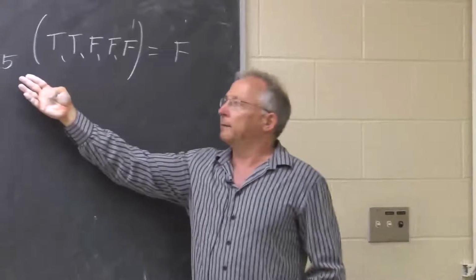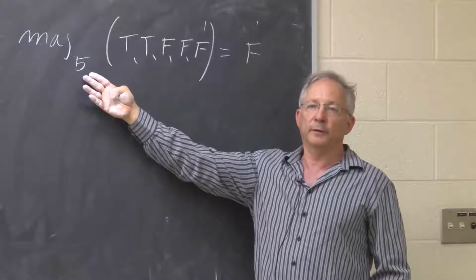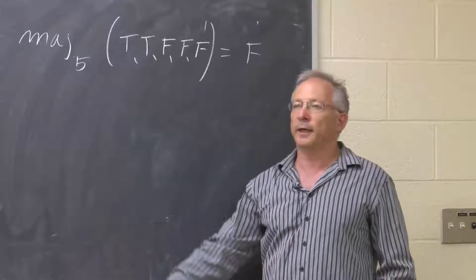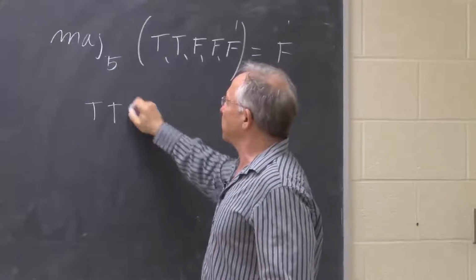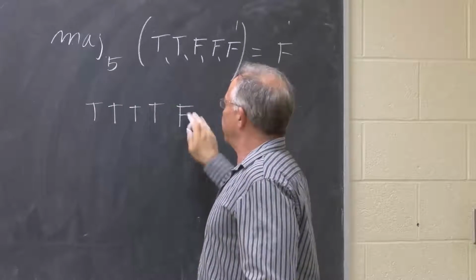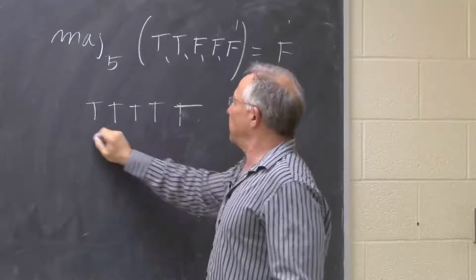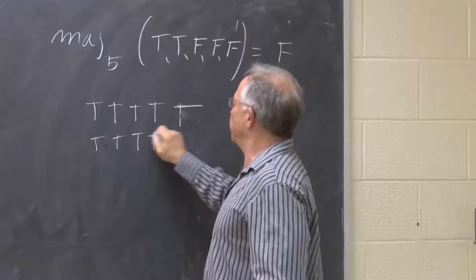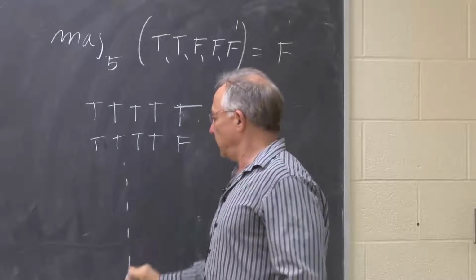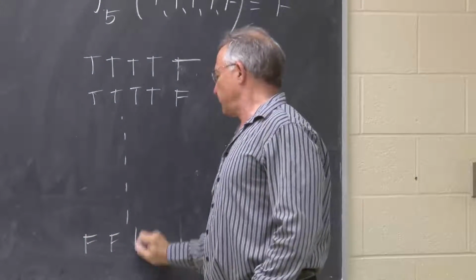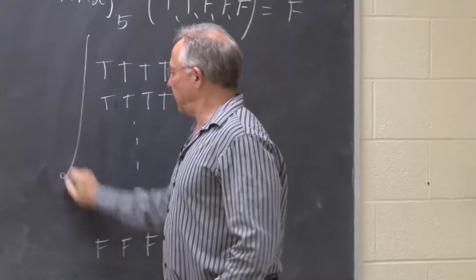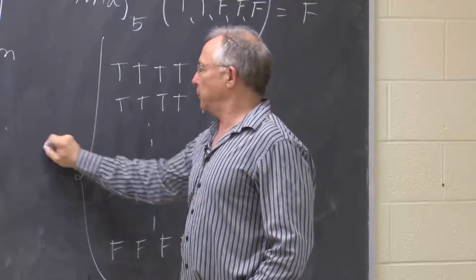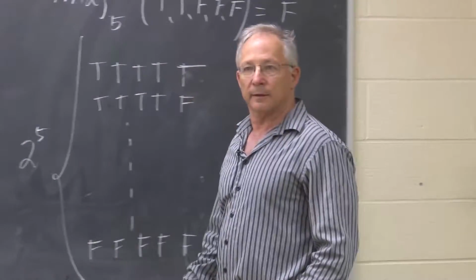How big will be the truth table of Maj 5? How many rows will I have? The truth table will start with 5 t's, then go to 4 t's and 1 f, all the way to 5 f's, and I'll have 2 to the power 5 lines. I have 32 lines.